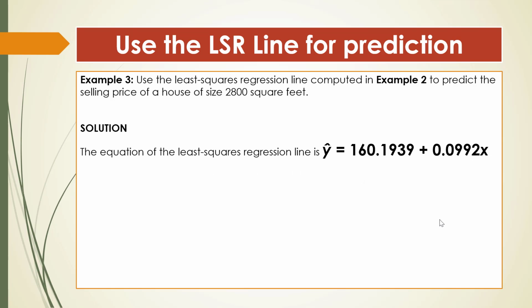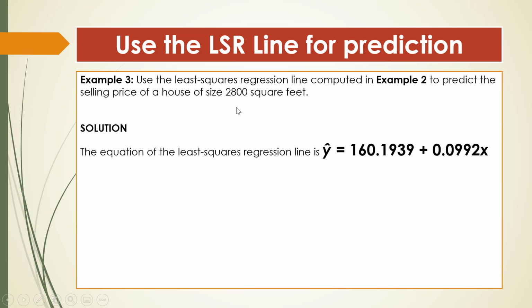So here remember the equation of the least square regression line of example 2 is y hat is equal to 160.1939 plus 0.0992x. Here y hat represents the predicted value of the selling price, and x is the size of the houses.